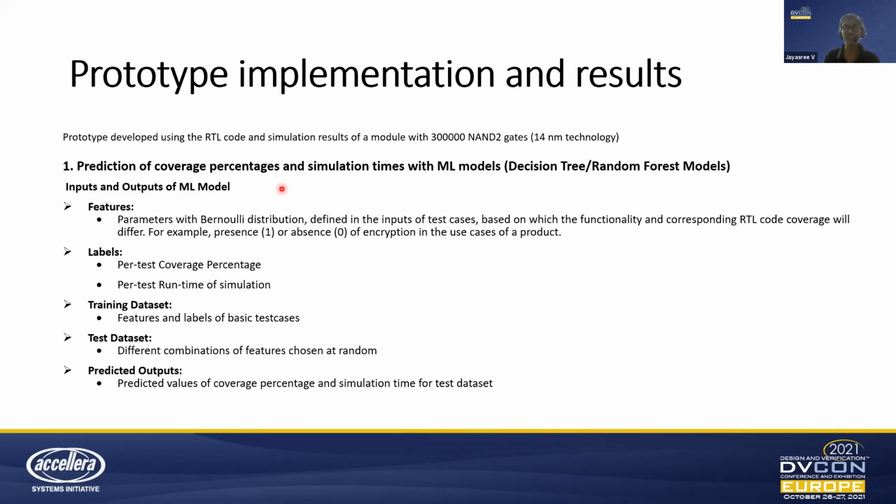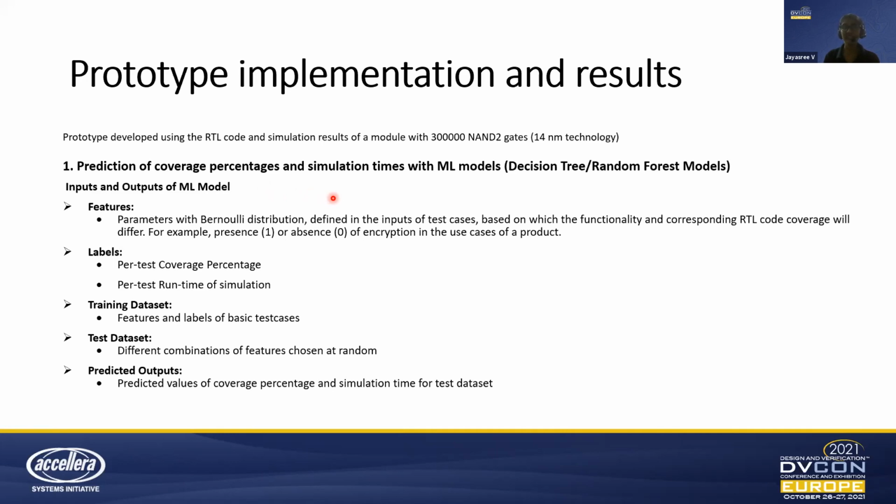Coming to the inputs and outputs of the model, the features of the model are parameters which are fed as input arguments to test cases, based on which the functionality and the section of the RTL code that is covered will vary. These parameters are fed as Bernoulli distribution to the model, which means if a particular feature is present, it will be indicated as 1, and if it is absent, it will be indicated as 0 in the model.